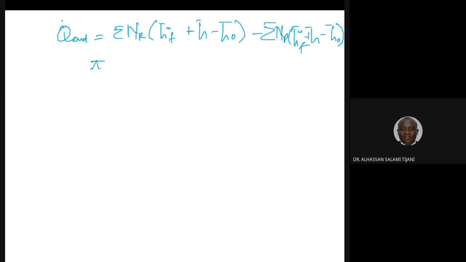This can also be written as H_R, the enthalpy of the reactant, minus the enthalpy of the product. That is our Q out. We're going to apply this in solving the question today.